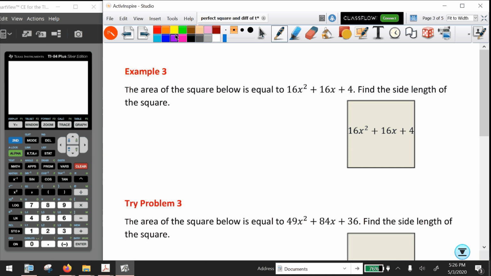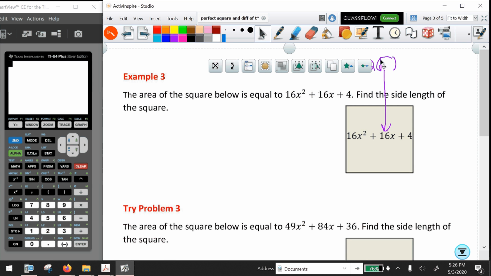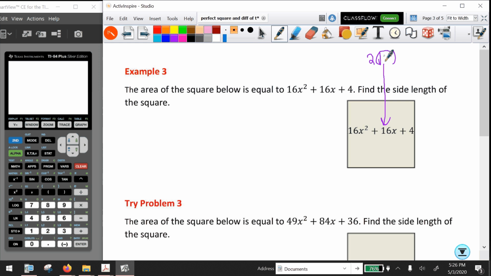And this just so happens to be a perfect square trinomial because the middle term is equal to 2 times the square root of the first term, 16x squared, times the square root of the last term, 4. 16x squared has a square root of 4x. 4 has a square root of 2. 2 times 4x times 2 is 16x. Is that what we have in the middle here? Yes. So this is a perfect square trinomial.